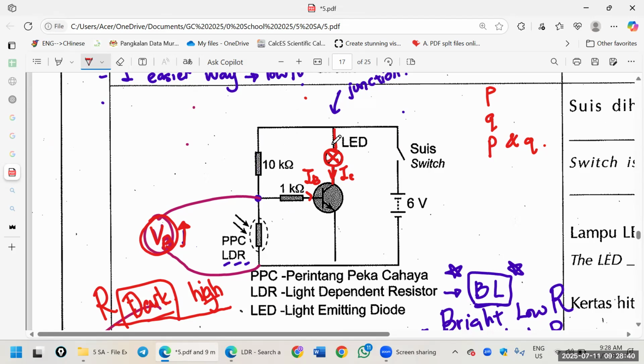Yes, good. Right, beside Ryan, what's your name again? Ching Ching. Right, Ching Ching, how? The resistance of LDR is high. Base voltage is high. Yeah, very good. That's it.